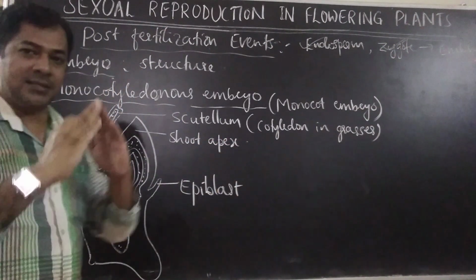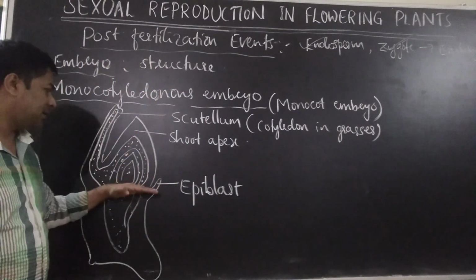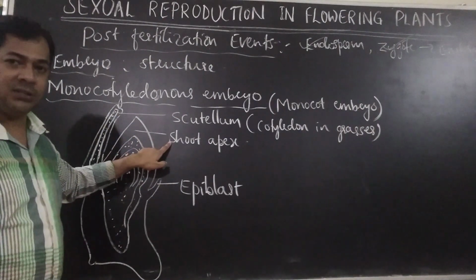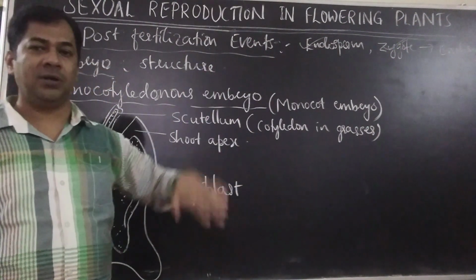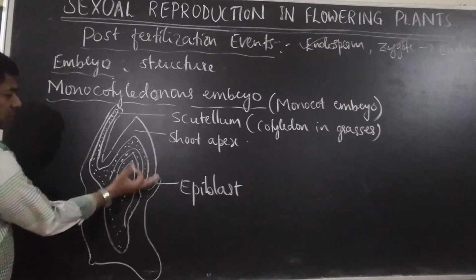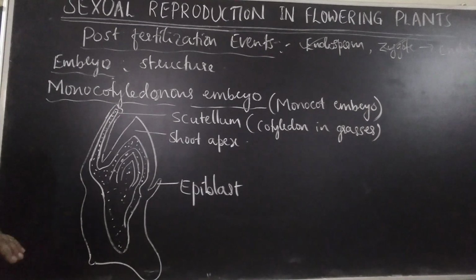Apex means tip. Wherever the shoot apex is there, that will become the shoot of the plant above the ground level. And the lower part is the radicle, which will become the root of the plant.